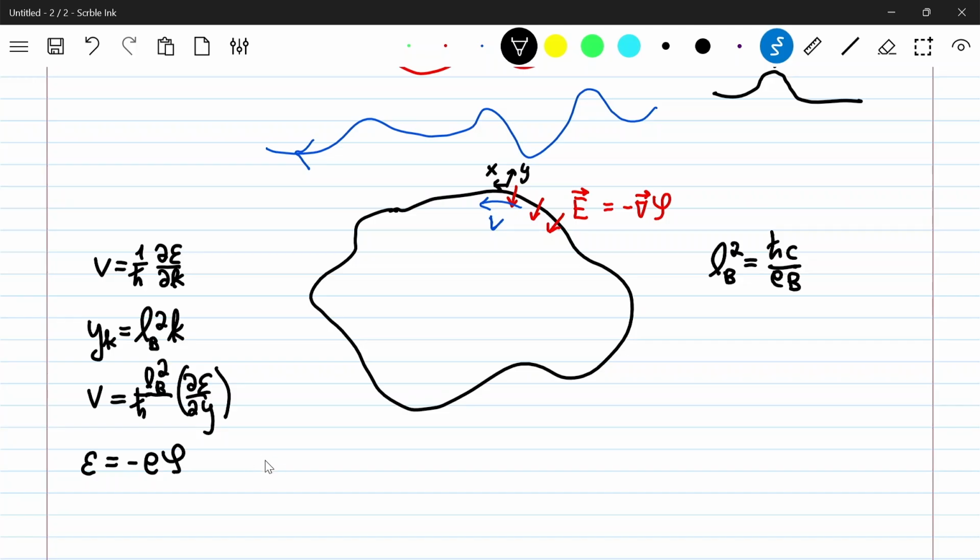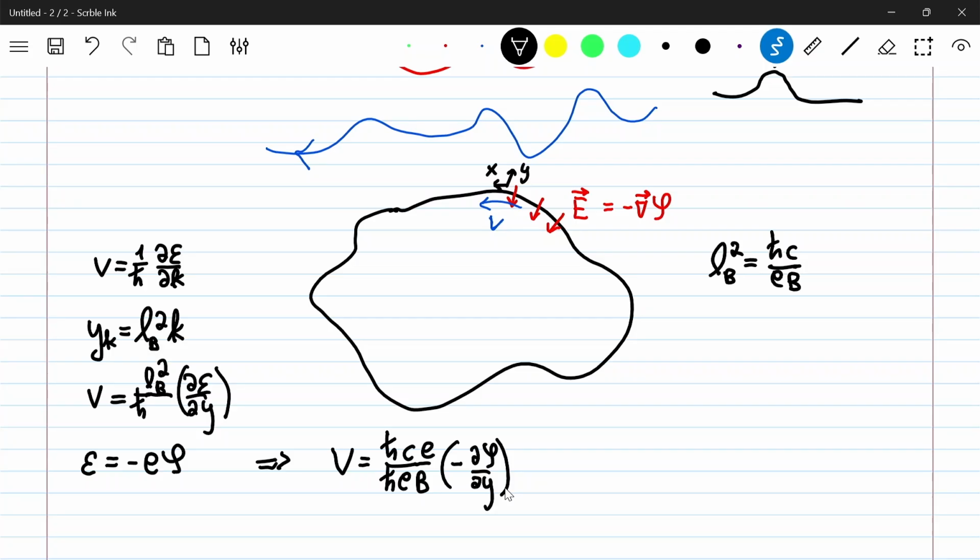So what I find here is the following expression for velocity. Let me now use the expression for the magnetic length. So it's h bar c divided by h bar e B, times another factor of e, and minus d phi dy is just the electric field.